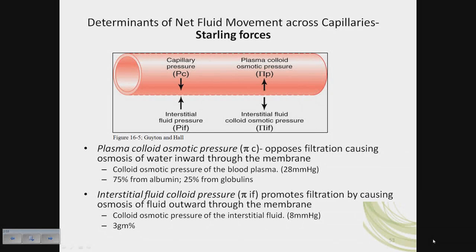We could then subtract from that all the forces that favor inward movement. We would subtract away plasma colloid osmotic pressure, which is 28, but careful, we would also subtract a -3 for interstitial fluid pressure. Now, what do you get when you subtract a negative number? A positive.